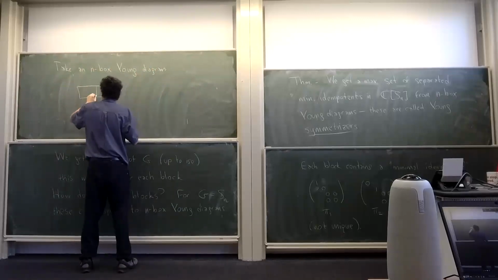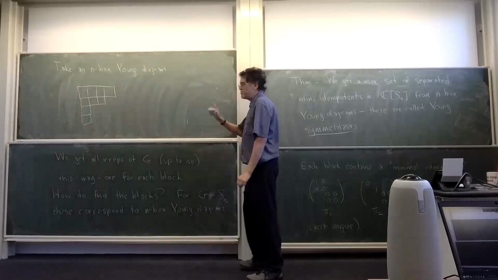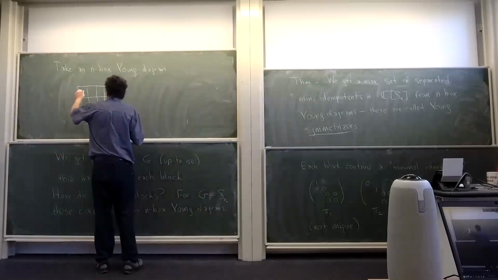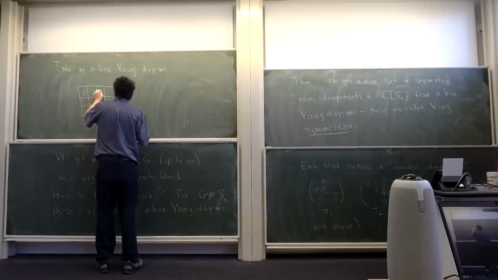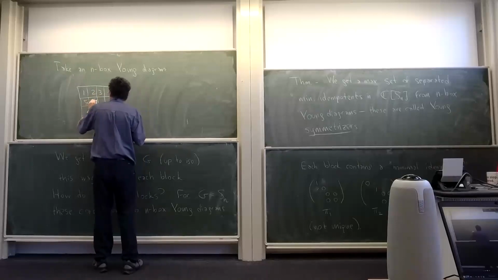Let's say it has 4 boxes in the first row, then 3 in the second row, then 1 in the third row, and 1 in the fourth row. We'll fill it with numbers 1 through n in one of the most obvious ways, going across the rows like this, 7, 8, 9. So that's what we'll do.